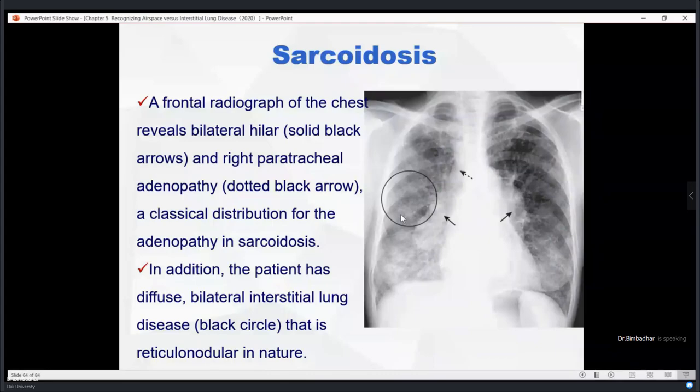Then case 2: a 35-year-old male has been complaining of chest distress along with mild grade dyspnea, and also has intermittent fever for the last 3 months.